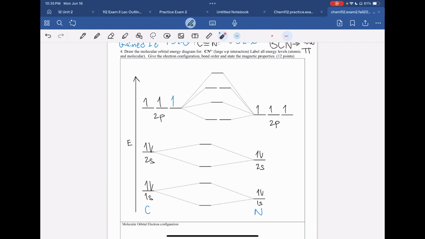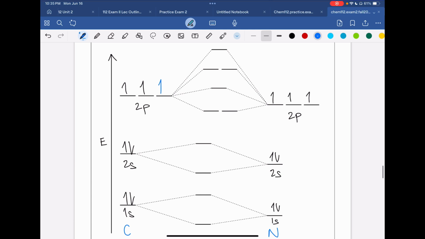So now you're going to count up all the electrons and then you're going to fill them in. So in total, you should have 2, 4, 6, 8, 10, 12, and then 14. So you should have 14 electrons, and then you're going to put them into the respective energy diagram.